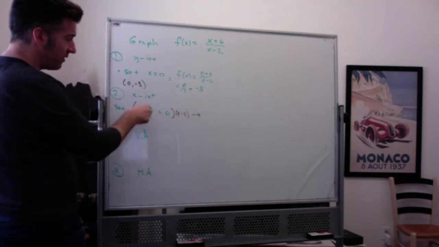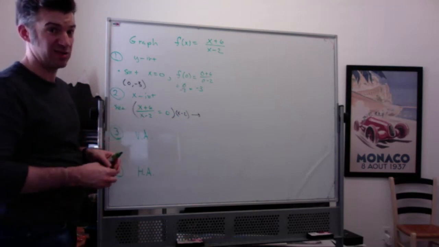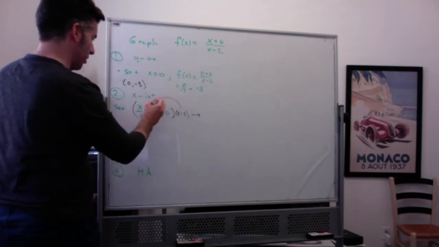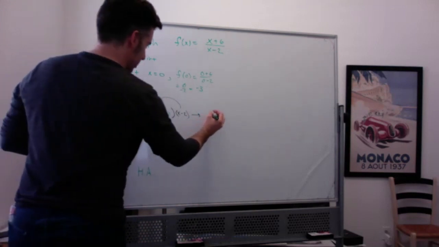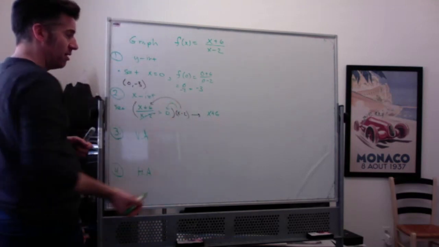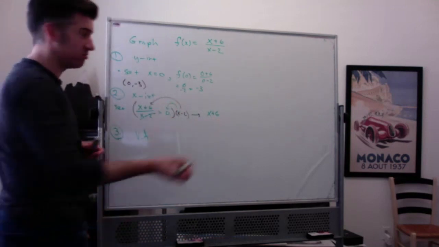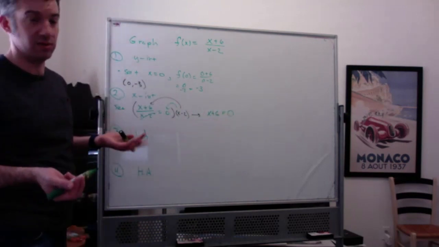On the left-hand side, when you multiply a fraction by its denominator, those denominators cancel, and we're just going to get x plus 6. On the right-hand side, what's x minus 2 times 0? It's 0, right? Anything times 0 is 0.